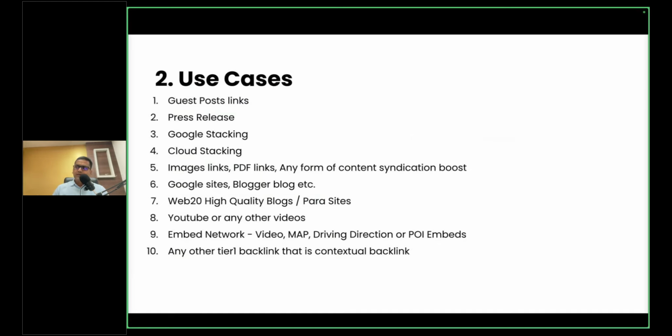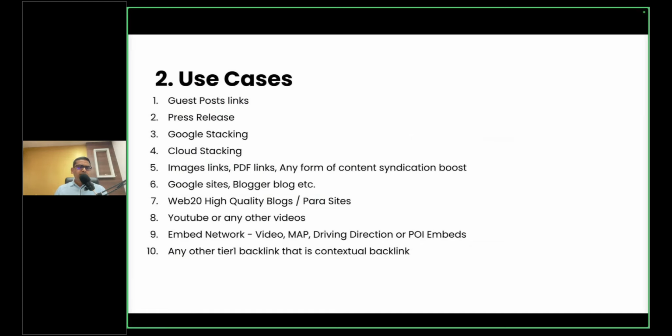Then there is cloud stacking. In this type of backlink, you take your major 10 or 20 pages, category pages, or primary service pages and boost them with a cloud stack. In the cloud stack, a mini one-page website is created and hosted on Oracle, IBM, Azure, Google Cloud, or Windows Azure Cloud.